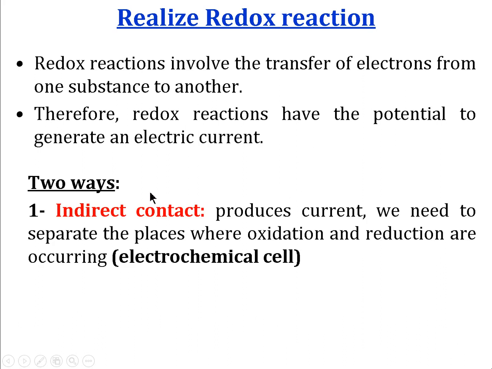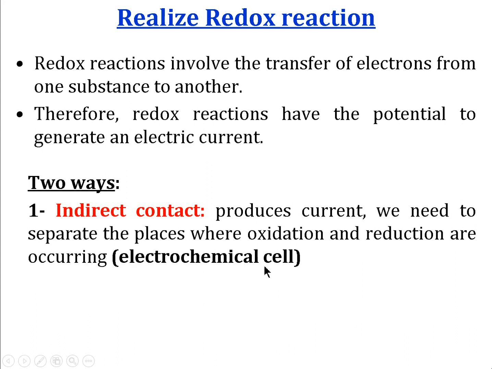We have two ways to realize the reaction between the acceptor and the donor, between the oxidant, which is the acceptor, and the donor, which is the reductant. The first is the indirect contact, and this type of reaction produces electricity.